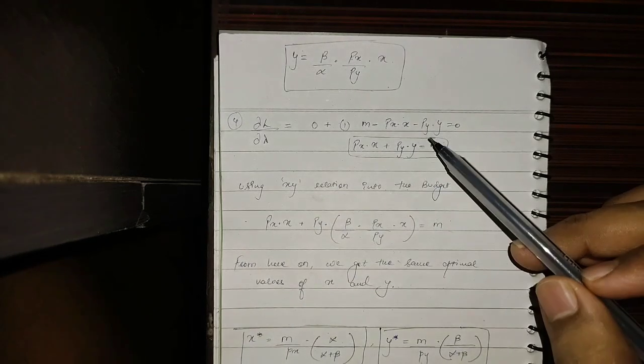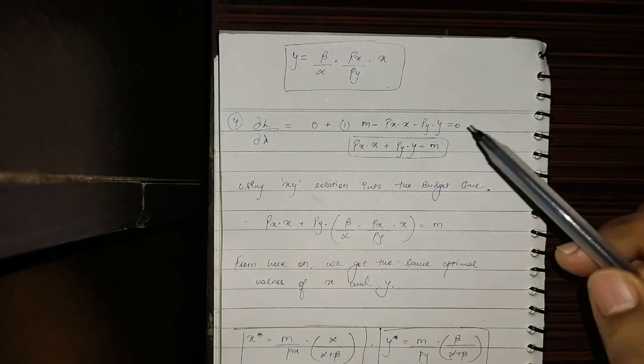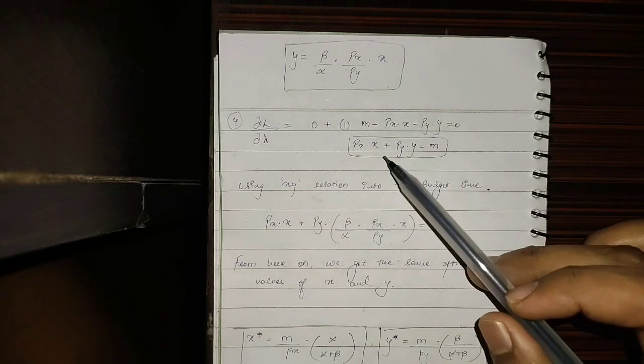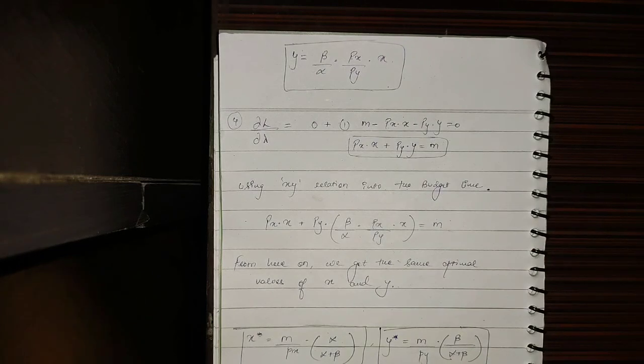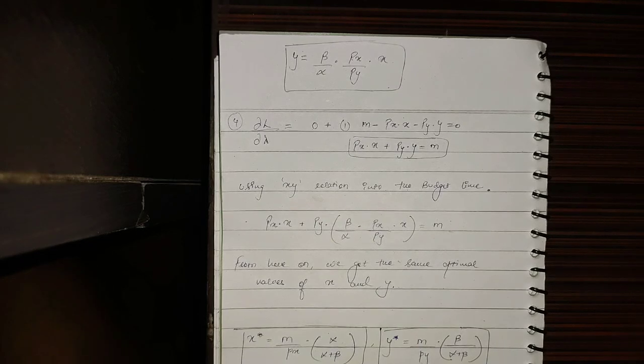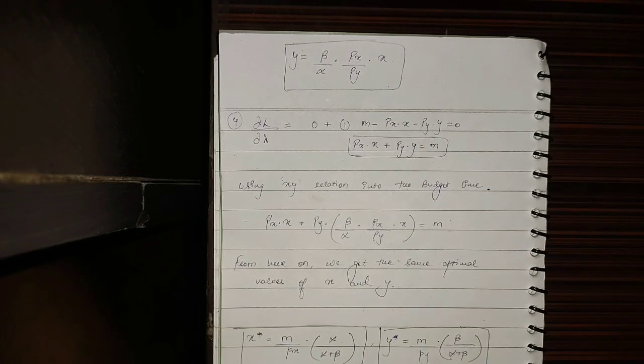So by taking px x and py y to the left hand side, we get px multiplied by x plus py multiplied by y equals m, which is the equation of the budget line.